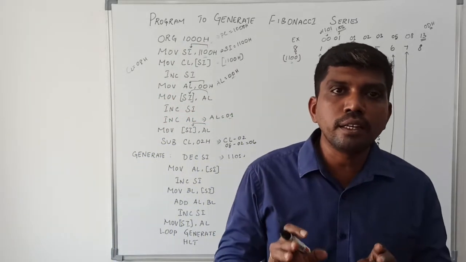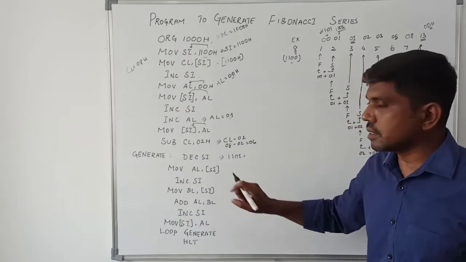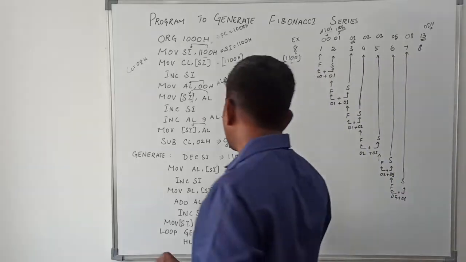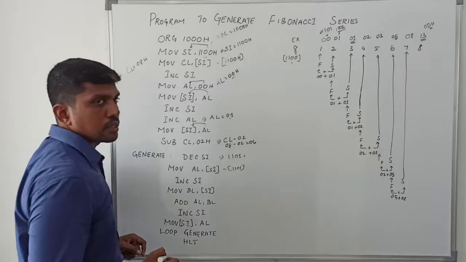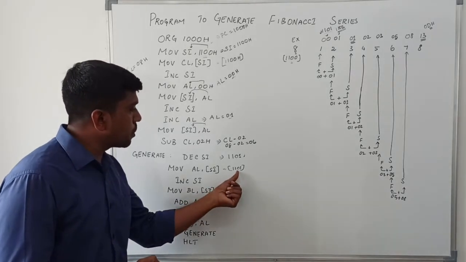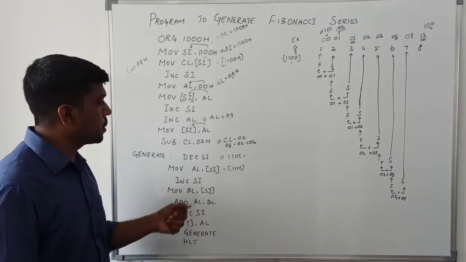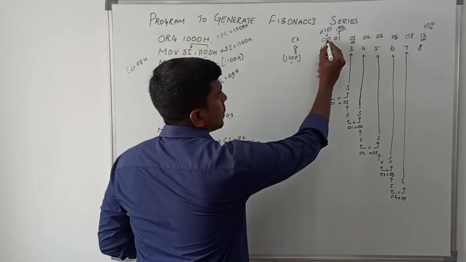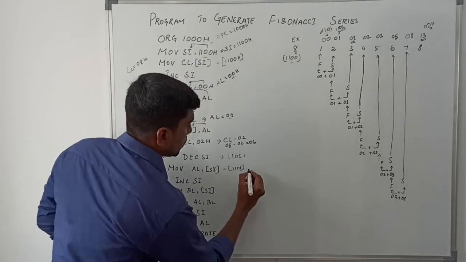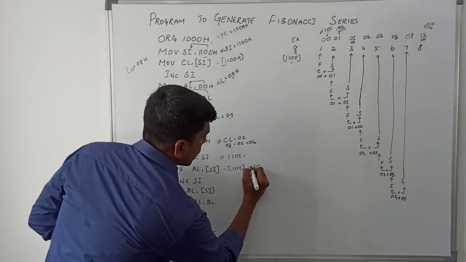Within a bracket, any data present is considered as a memory location. Here the SI value is 1101, so it is considered as a memory location. In this memory location, whatever value is present, that content is transferred to the AL register. So this memory location 1101 holds the data 00, and this value is transferred to the AL register.